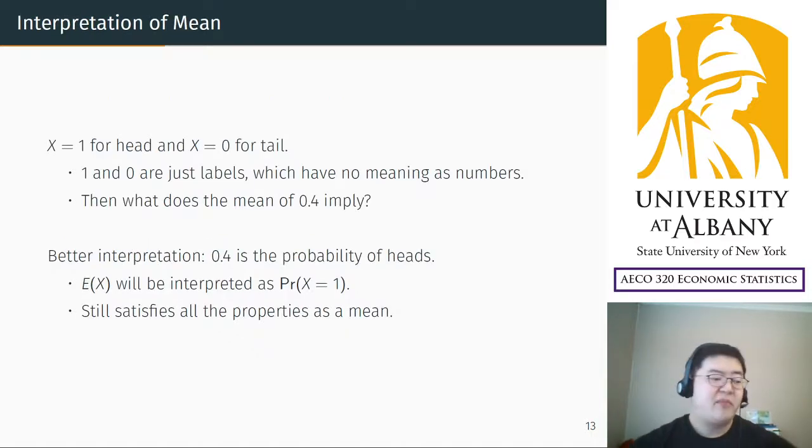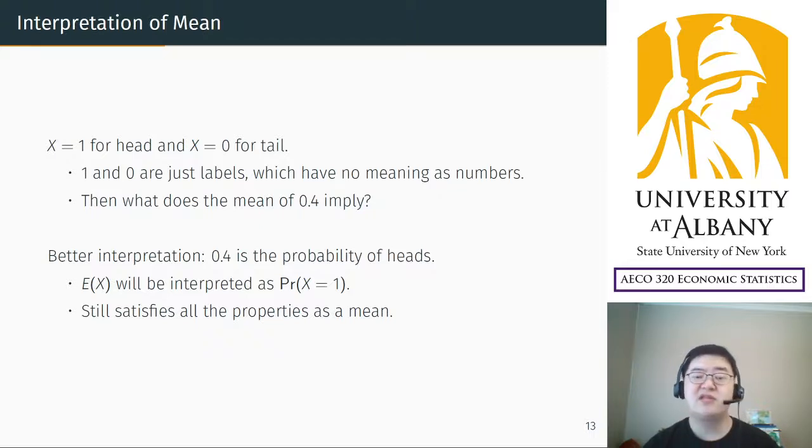So now let's think about the mean. From the beginning, I said 1 is a label for success, 0 is another label for failure. The numbers themselves do not have any meaning.